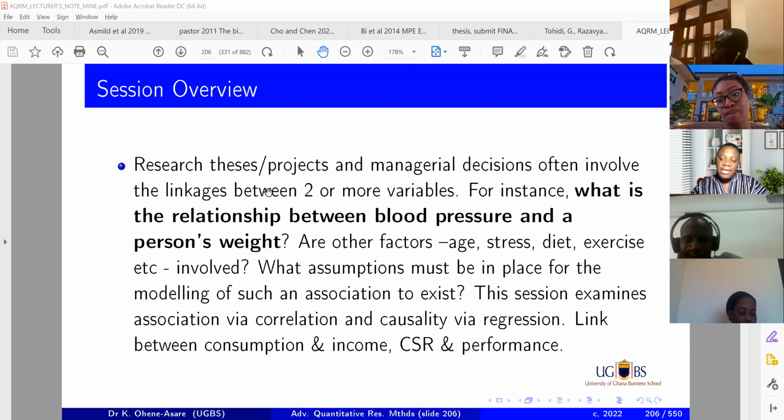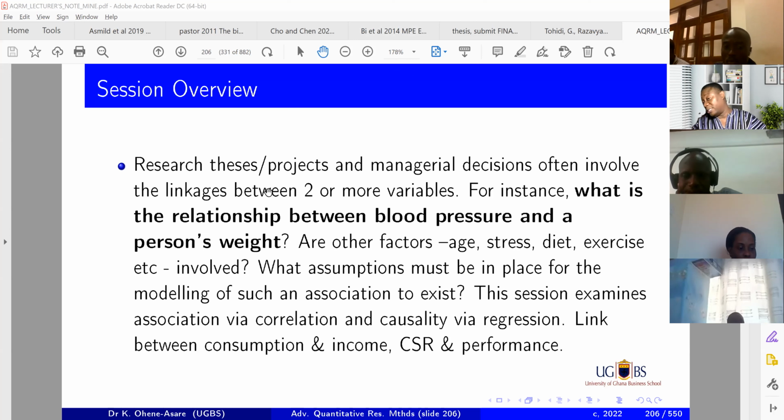Please note that by saying there's a positive relationship, he is not saying that CSR causes performance or performance causes CSR. No. What he's saying is that they are positively related. When one is up, the likelihood is that the other is also up. It doesn't mean that one is necessarily causing the other to go up. So we are going to be doing a lot of correlational analysis as far as this topic is concerned. All right, let's start.